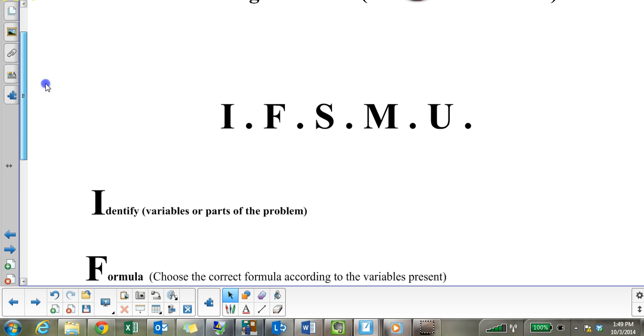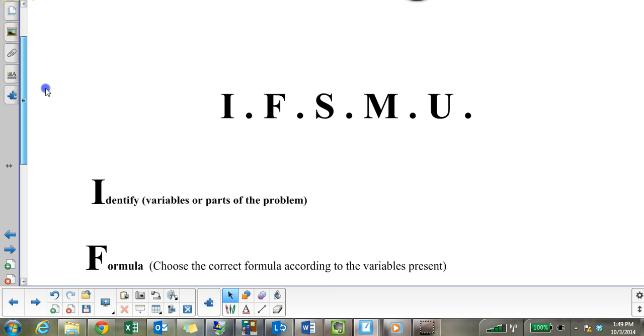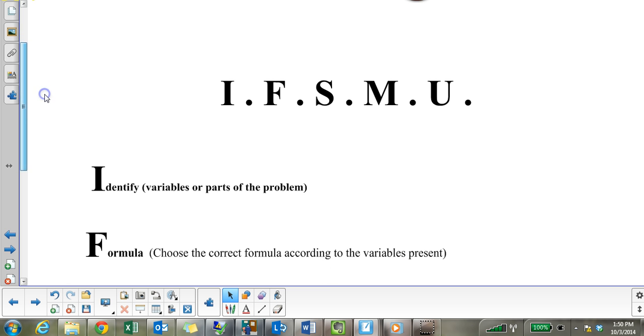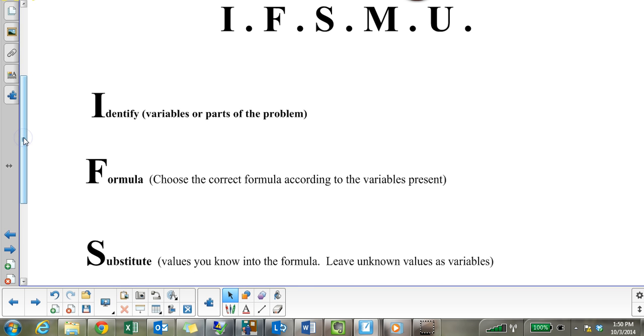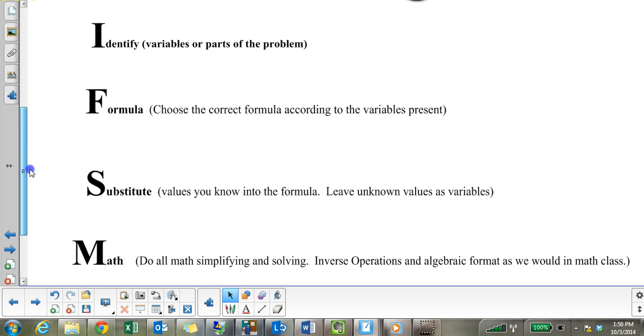Identify the variables or the parts in the problem. F is the formula. Choose the correct formula based on what variables are there.